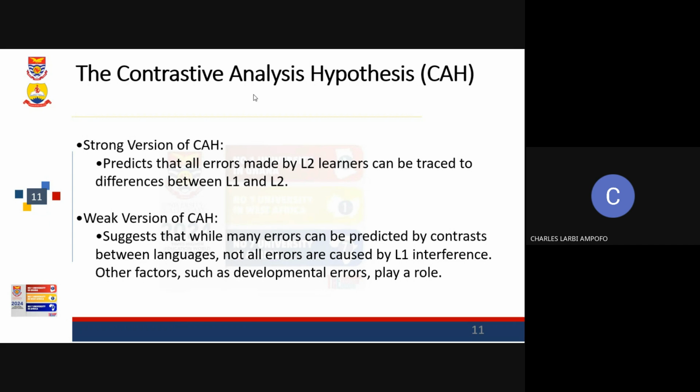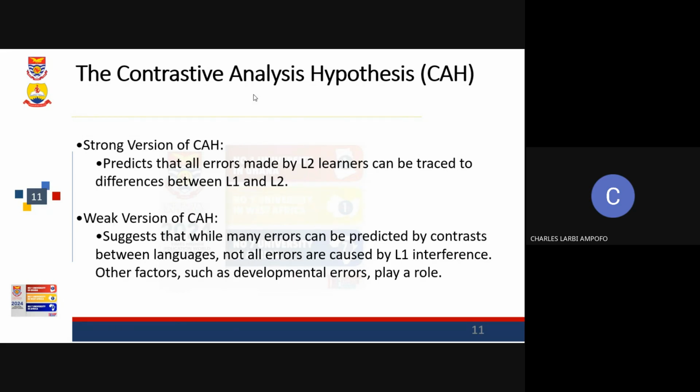So what this means, and I'm re-emphasizing this, is that the strong version of contrastive analysis says that all errors the person learning an L2 will make are a result of the influence from L1.